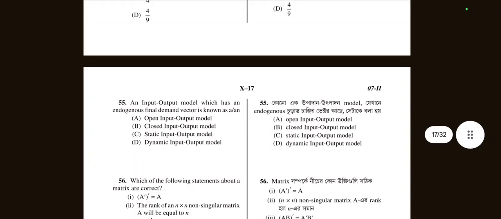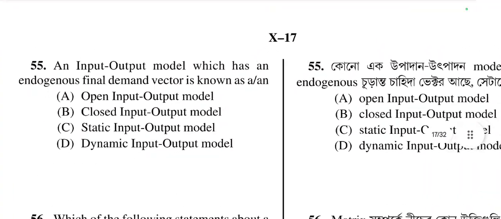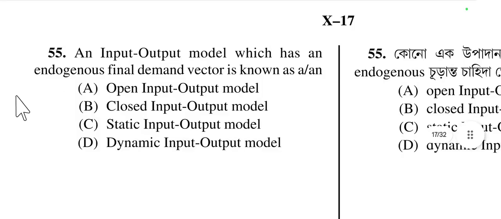Then come to question number 55. An input output model which has an endogenous final demand vector is known as: open input output model, closed input output model, static input output model, or dynamic?